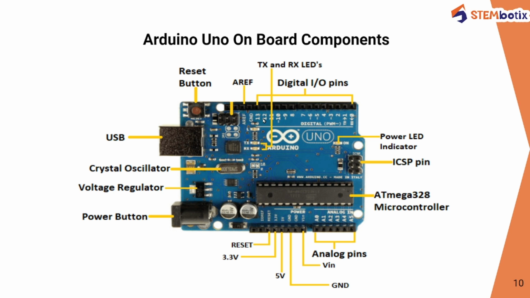And on these digital pins, from 0 to 13, you can connect different modules like LEDs, relays, etc. The pins can be configured to work as digital input pins to read logic values, 0 and 1, or as digital output pins to drive different modules like LEDs, relays, etc. After that, we have the ground pin to give your ground connection, and after that we have AREF.